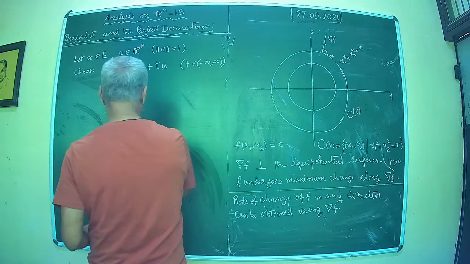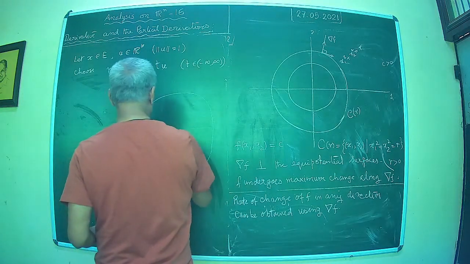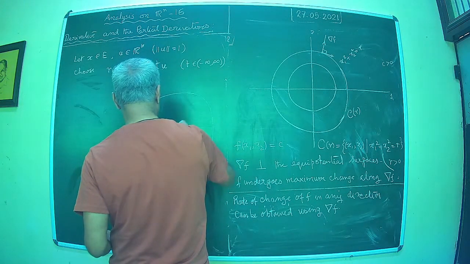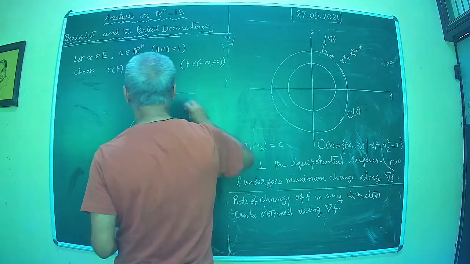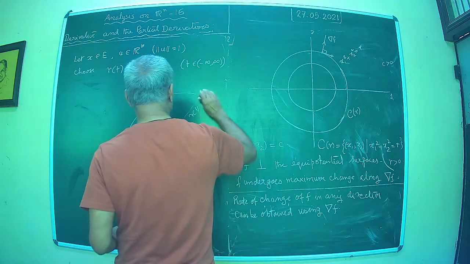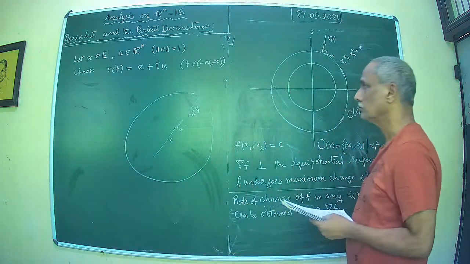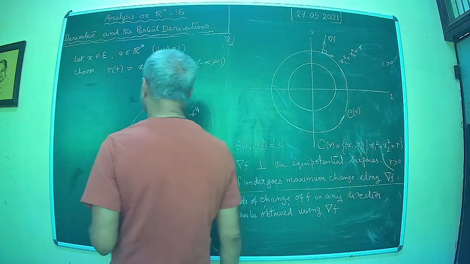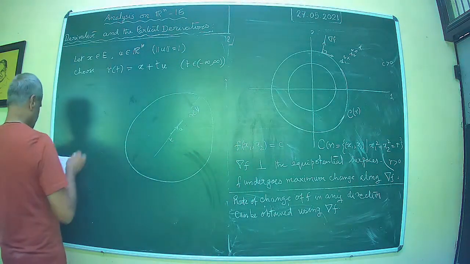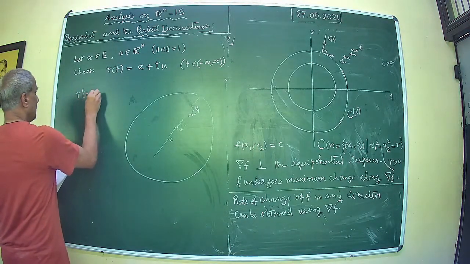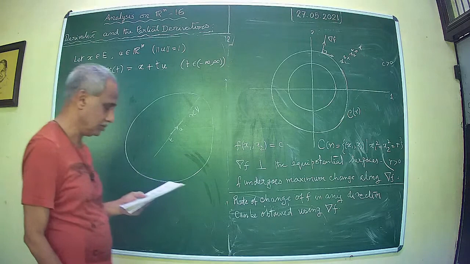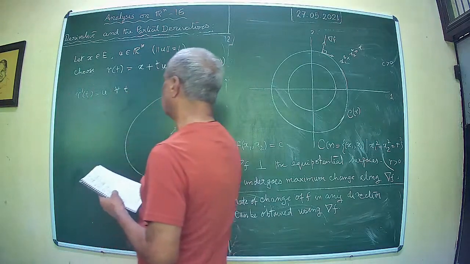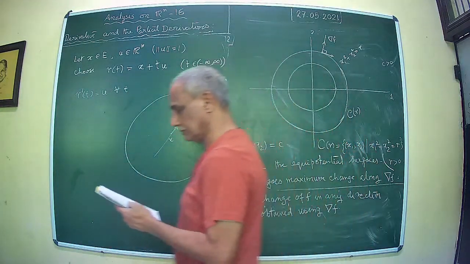So you have this line given by gamma. Then gamma derivative of t is a constant vector, the slope of this line that you have.